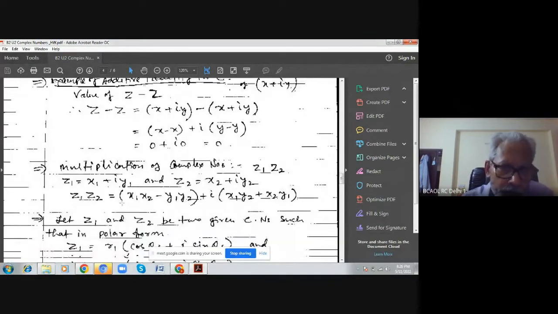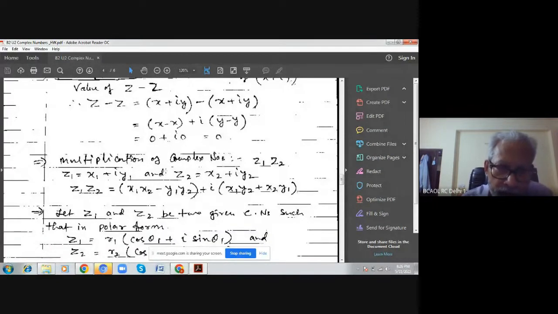Now important is multiplication. There are two complex numbers. How to multiply? So Z1 and Z2, you have to multiply. Z1 is x1 plus iota y1, and Z2 is equal to x2 plus iota y2. You just look at it, simple things.